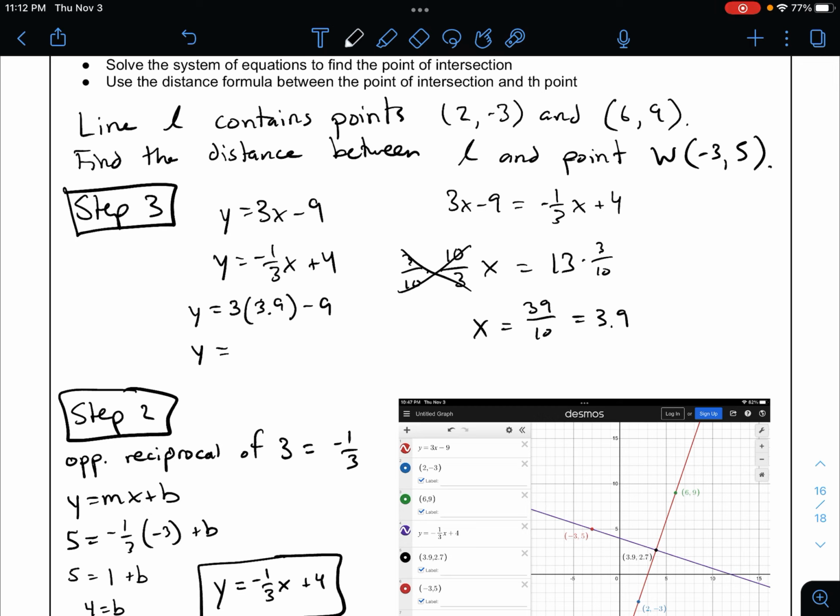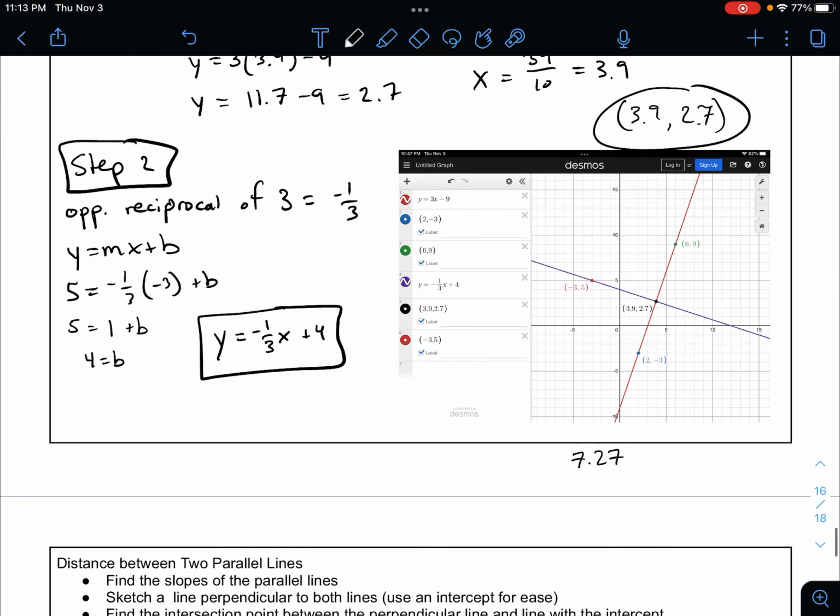So this should give us 11.7, 0.3 less than 12. And then minus 9 is going to be 2.7. So the point of intersection is going to be (3.9, 2.7).